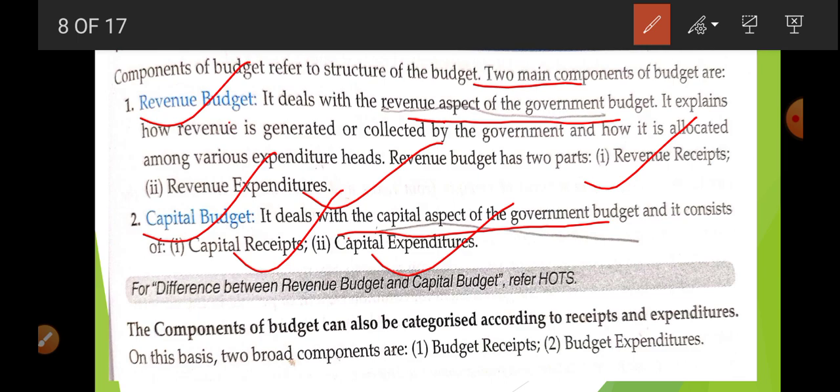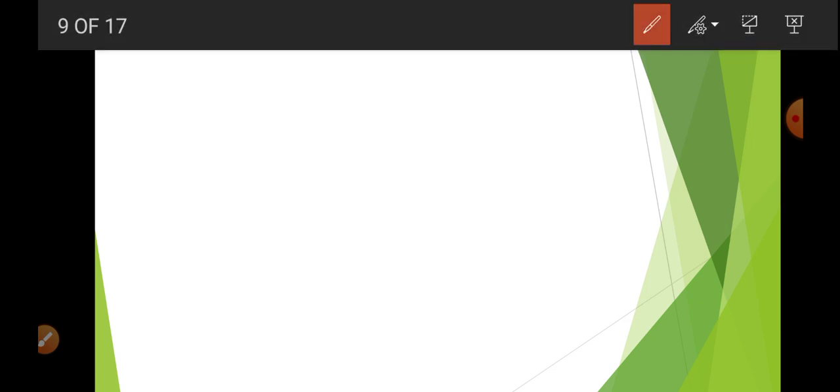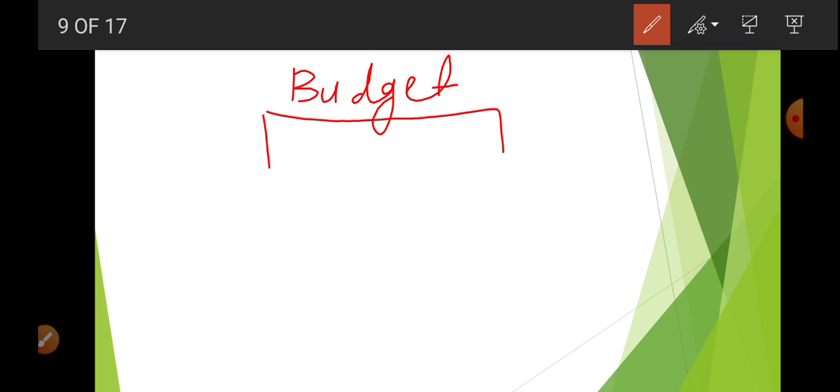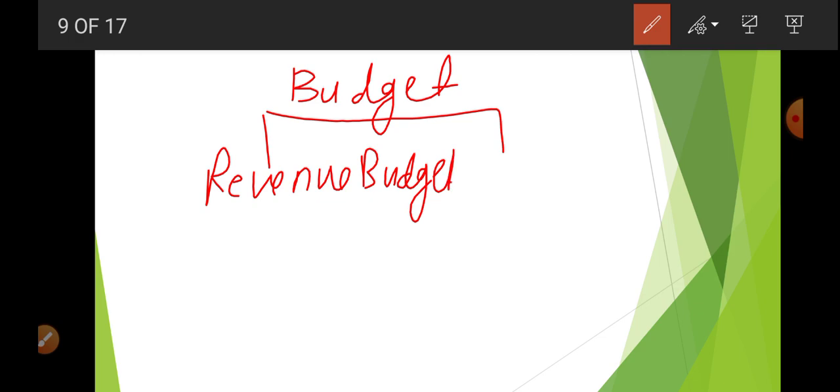Okay, we are going to study all these in detail, then we will be able to understand. So in simple language, if we talk about the budget, there are two parts, revenue budget and second is capital budget.